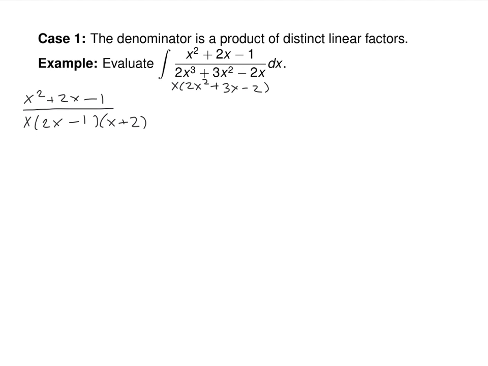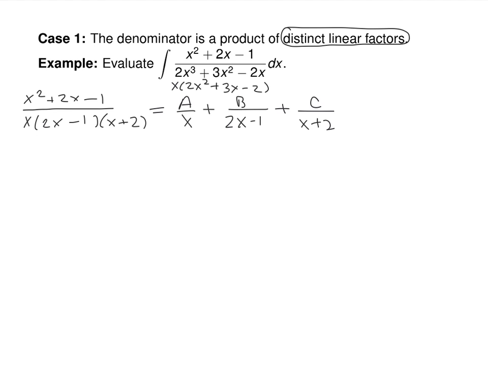Okay, and that will equal, so then we have 3 linear terms in the bottom. A over x plus some constant b over (2x minus 1) plus some constant c over (x plus 2). And when you have a product of distinct linear factors, meaning the factors are basically like lines, so mx plus b, and they are all different, that cover-up method will always work.